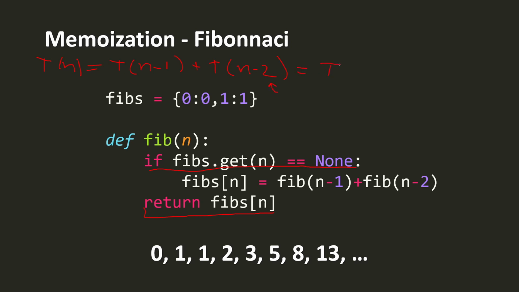So this would be T of n minus 1 plus 1. And this continues, because every time we store a previous subproblem, we have constant time retrieving it because it's a dictionary. So in the end, we will just have O of n, linear time, because we're going to do at most n computations, and then we're going to store them inside of this dictionary.